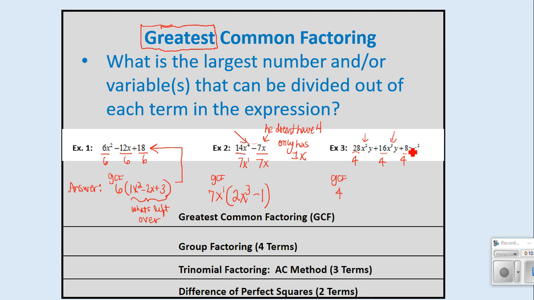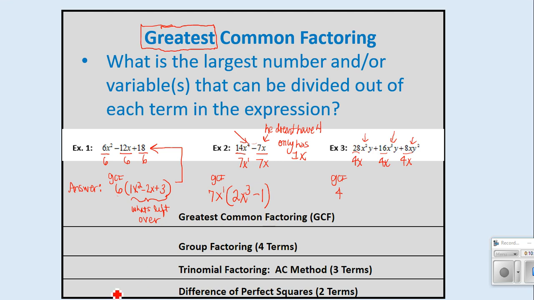This term has 5 x's. And this term has 1 x. So how many x's can I take from each? What do they have in common? Well, the most they have in common is 1x, because you gotta be fair. You can't take 2 from all of them, then they don't have 2 in common.